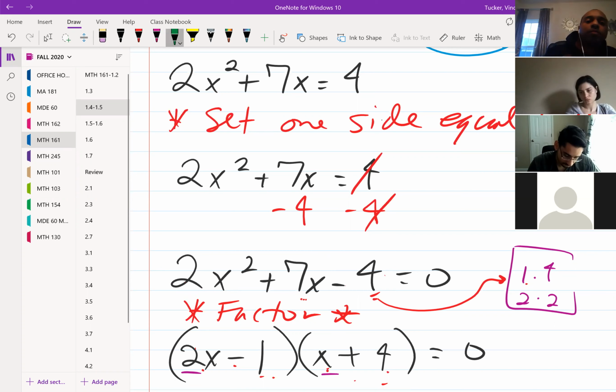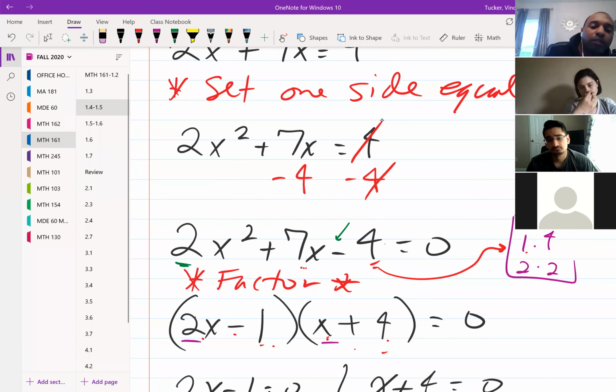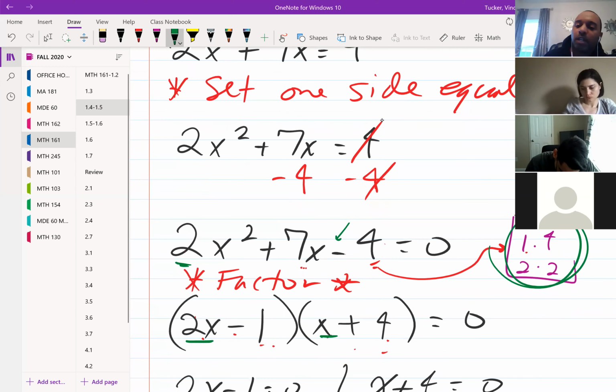Now, if we have a minus sign back here, that means the signs in our parentheses should be different. Also, looking at 2x squared, the factors are just 1 and 2, so we have no choice but to do 2x times 1x. Then for 4, we have factors of 1 times 4 and 2 times 2.